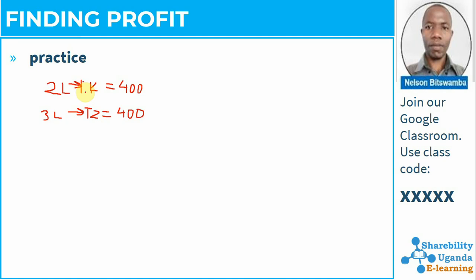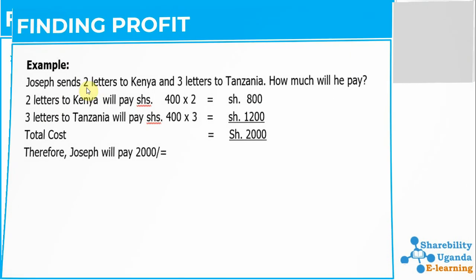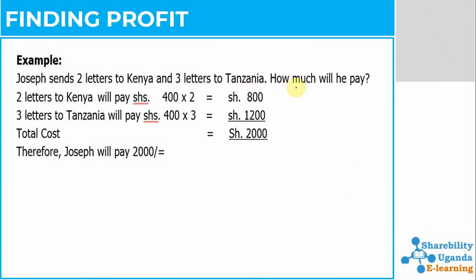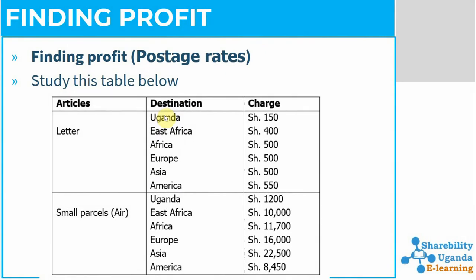So now when you come back here to the question, they are saying how much will he be able to pay? Also, when you come back to the costs, they were saying in East Africa, a letter, meaning one.